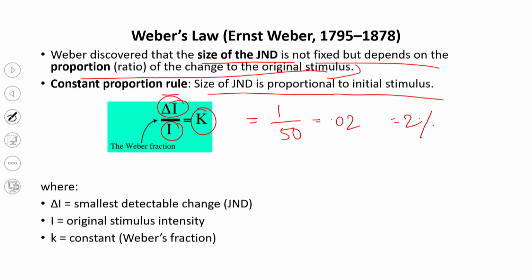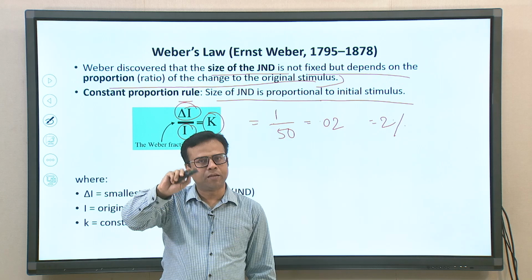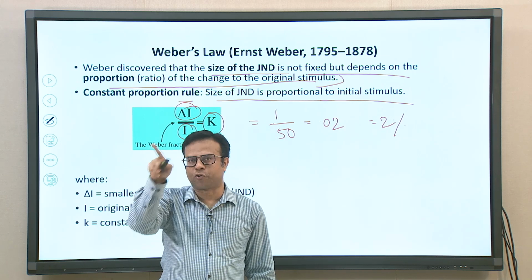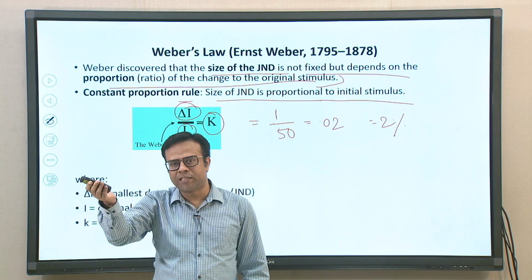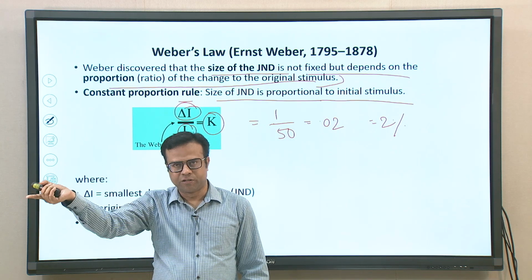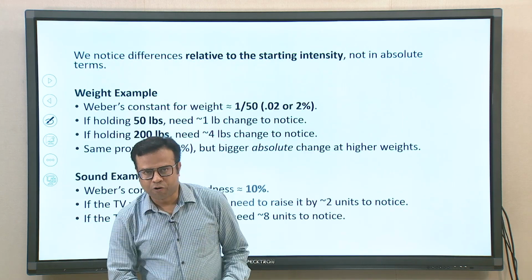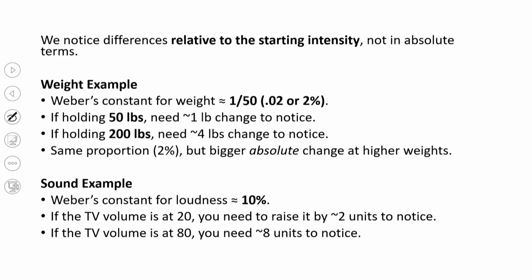So, this proportion of 2% will be based on the intensity of the original. If the intensity of the original stimulus changes, the weight needed for a noticeable difference will also change. For 50 pound, or 50 kg, whatever we say, we need a 1 pound change to be noticed. Let us say this is the fraction that we have found. Now, let us say the weight changes to 200 pound.